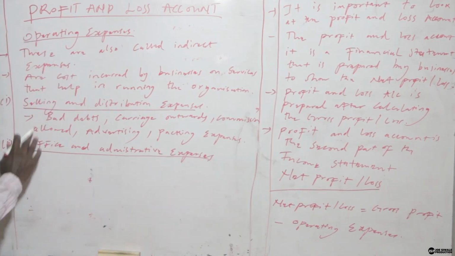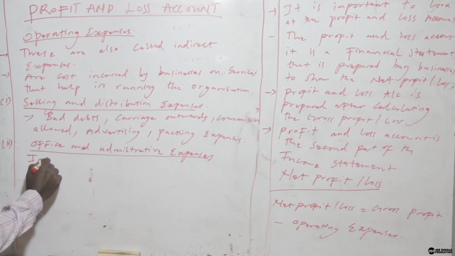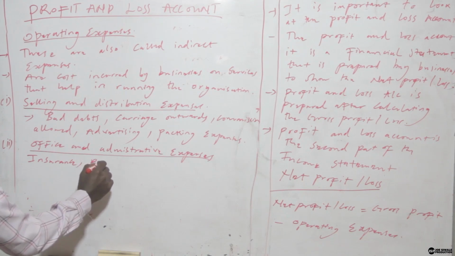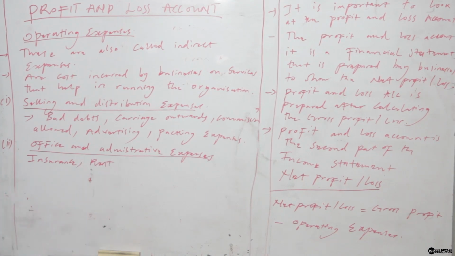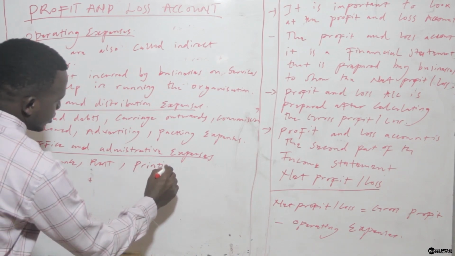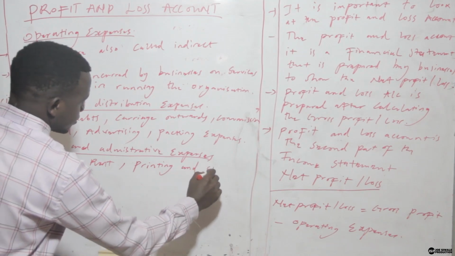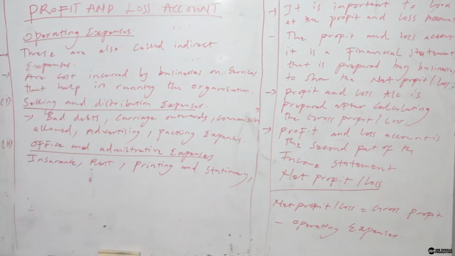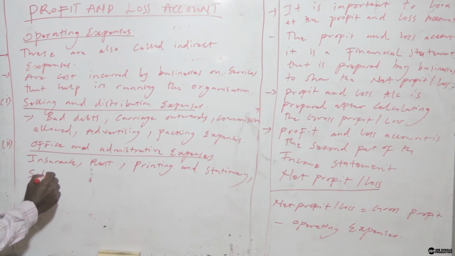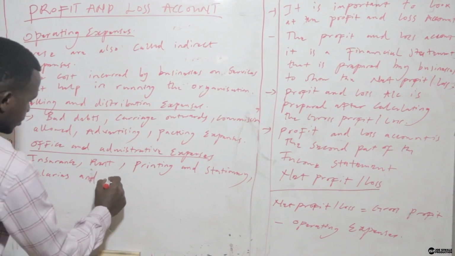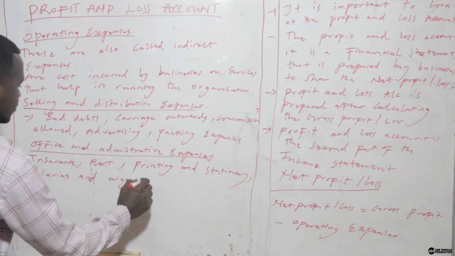Here we are looking at insurance, rent, printing and stationery, and salaries and wages, and many more.